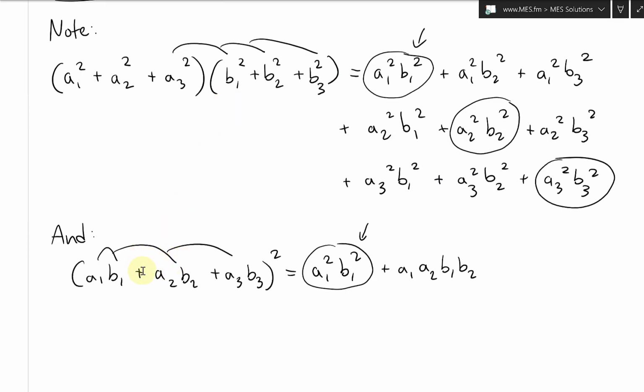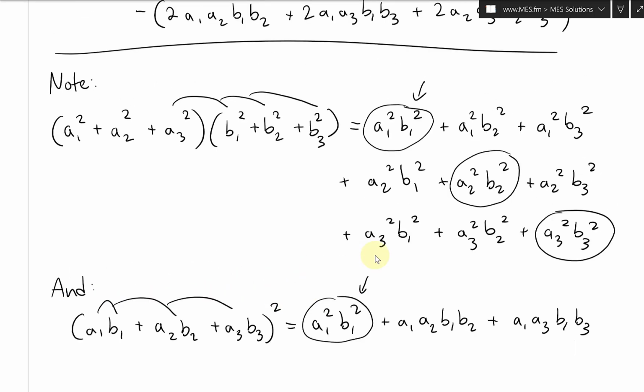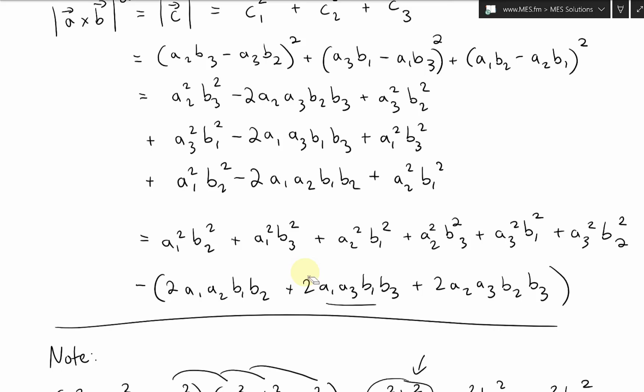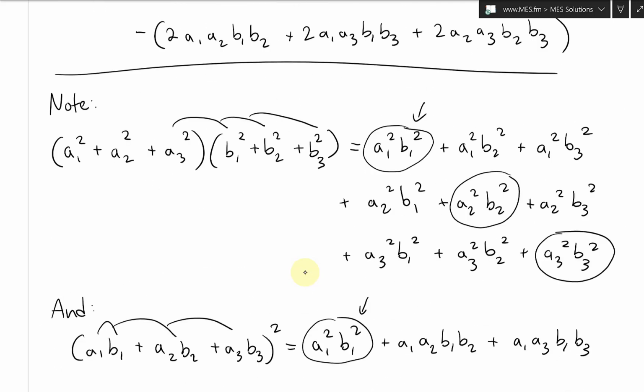Next, this is going to multiply by this: a1 a3 b1 b3. That's going to match up with this right here, a1 a3 b1 b3, one of them, not two of them.